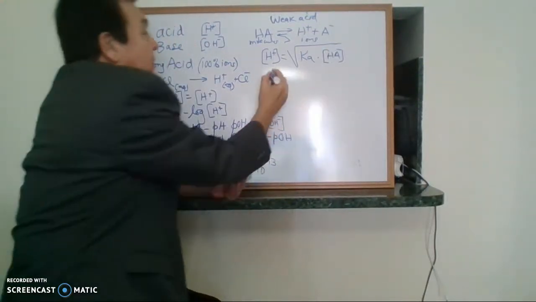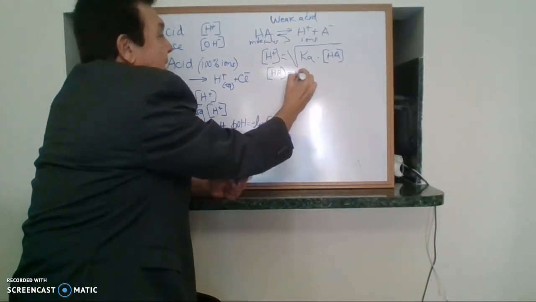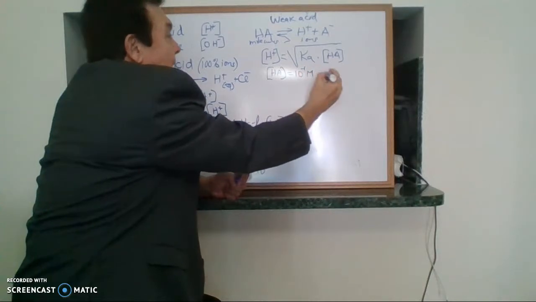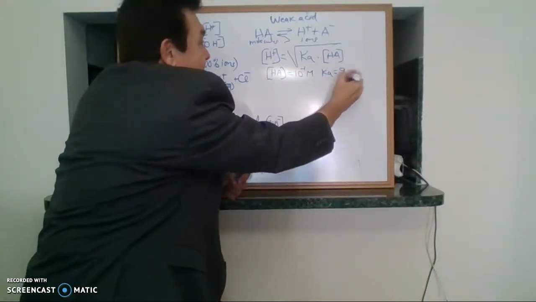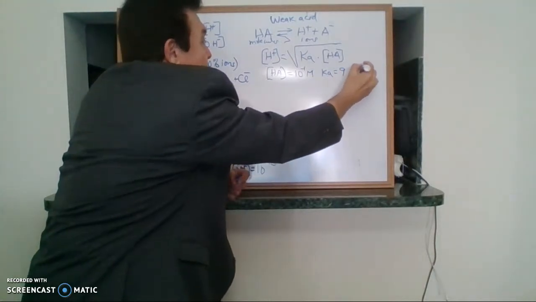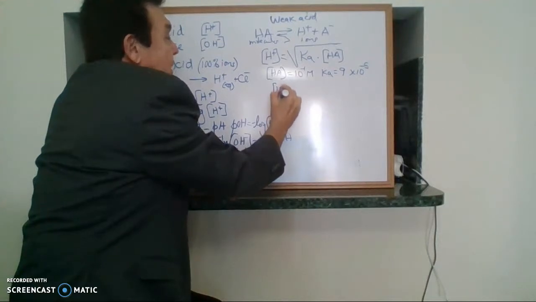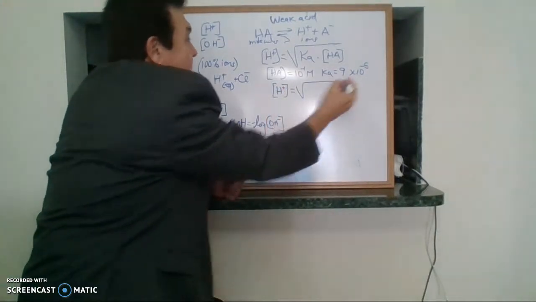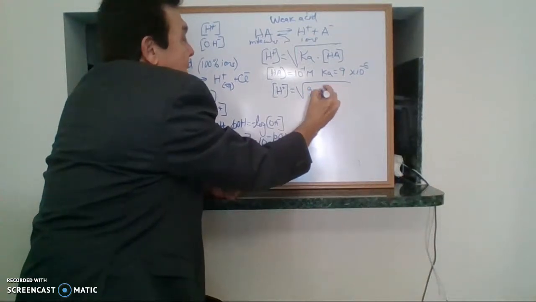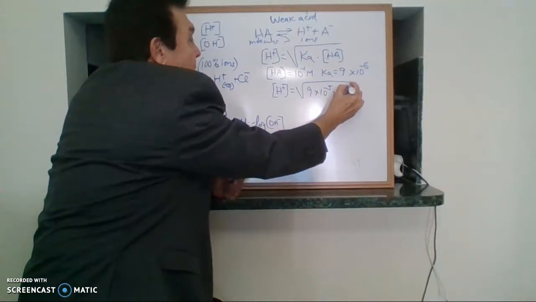For example, if the concentration of the weak acid is 10 to minus 1 molar and the constant of the acid is 9 times 10 to minus 5, then you can say that the concentration of the hydrogen ion is equal to the square root of 9 times 10 to minus 5 times 10 to minus 1.